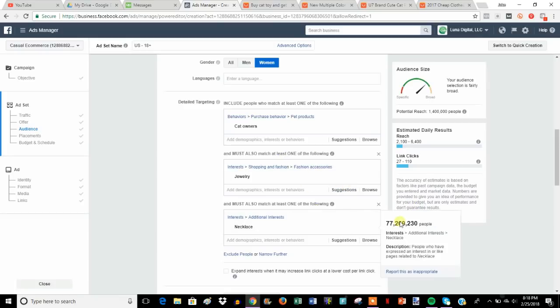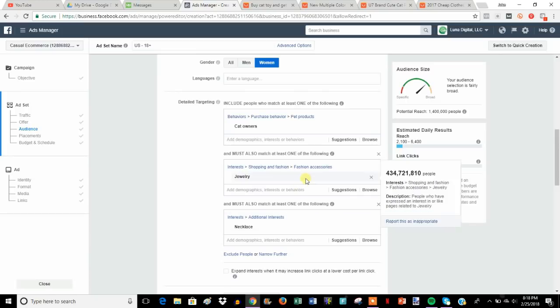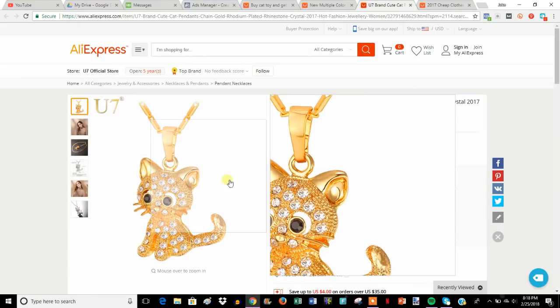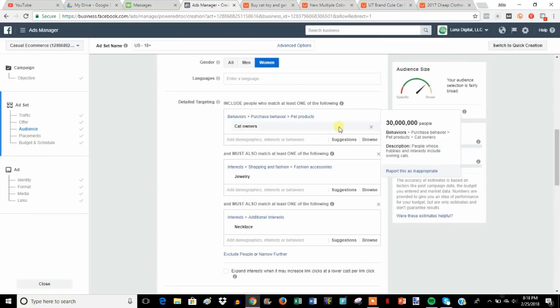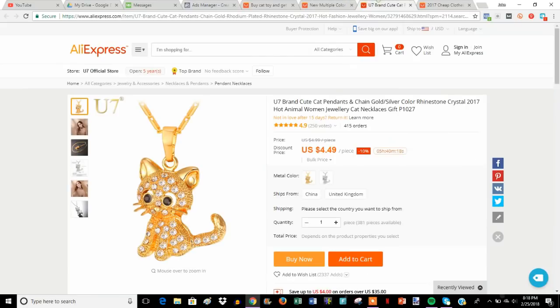But in this example, we're actually taking interest groups that are completely outside of the cat niche and bringing it into the cat niche to sell our cat product, because this product is appealing to multiple niches. So it allows us to hyper target people that are interested in jewelry and necklaces that are women, but are also cat owners.